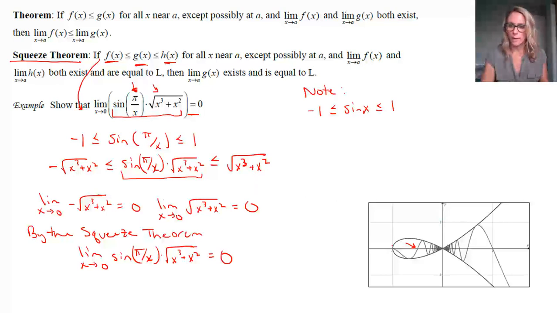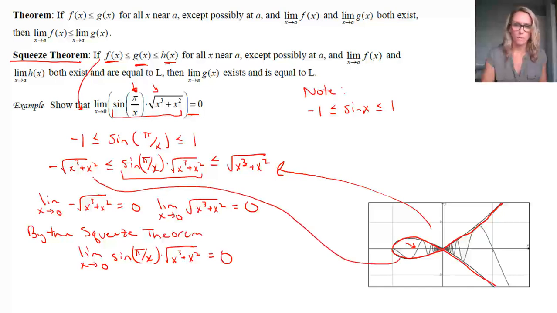The function that is doing this is actually the positive square root of x cubed plus x squared. And then this bottom piece here is that other side.